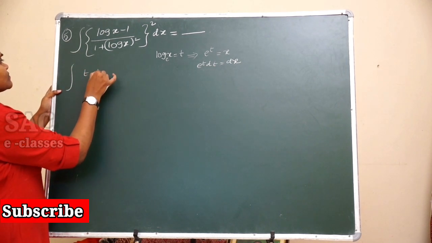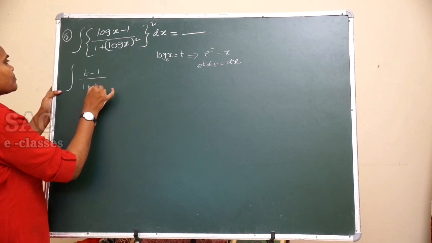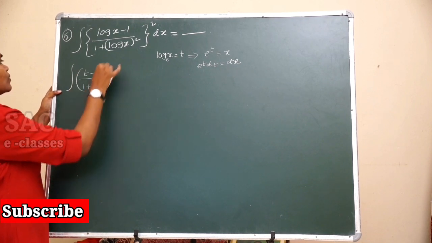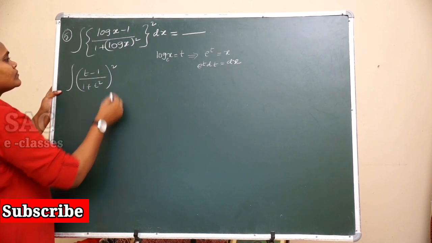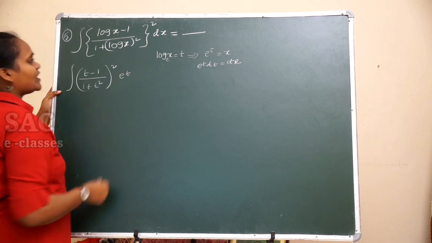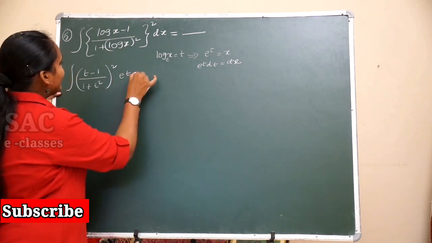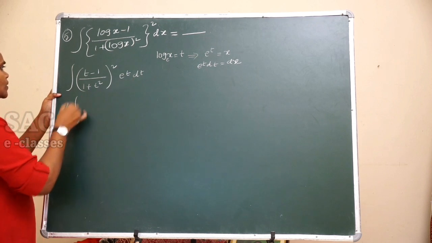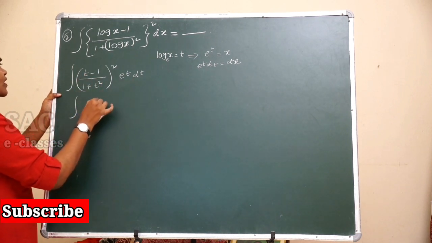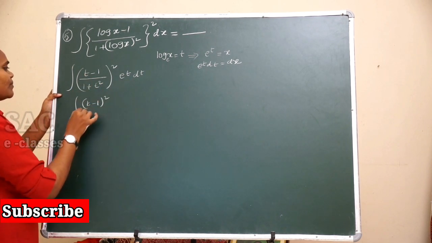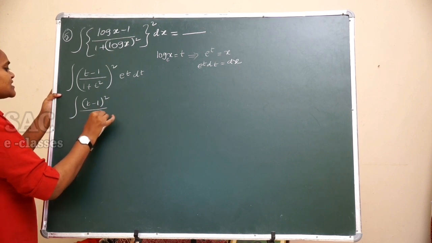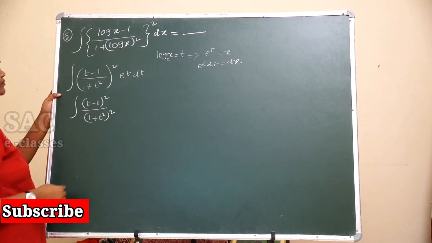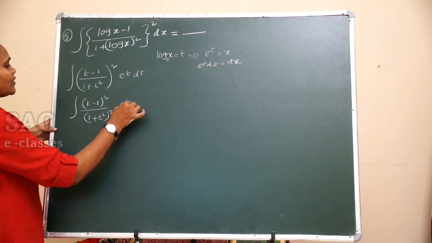((t − 1) by (1 + t)) whole square into e power t dt. So ((t − 1) whole square by (1 + t) square) is given, into e power t dt.